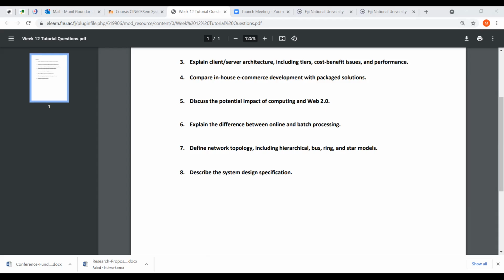Full stop. Now remember, the question is asking the difference between the two. It's not asking for a definition. Okay, so let's put down some differences.